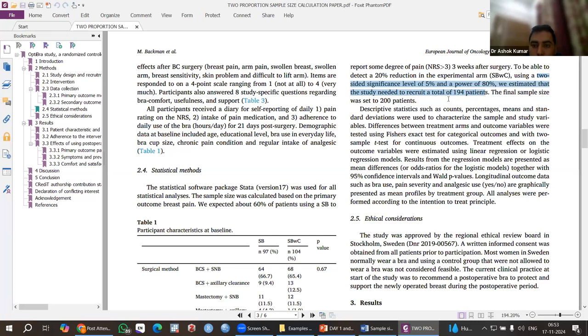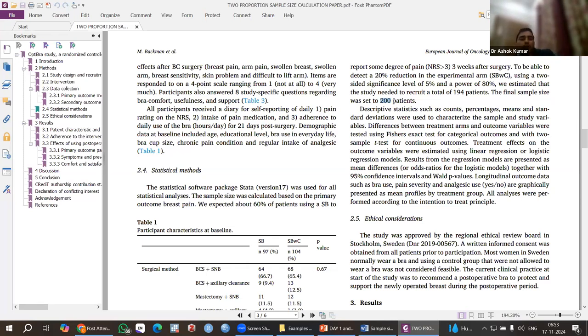The final sample size was set to 200 because they calculated 194. They took a round figure of 200. So we can take more than that, but we cannot take 190. Always we have to take more than the sample size if we want to take more. Otherwise, we can take 194 patients.